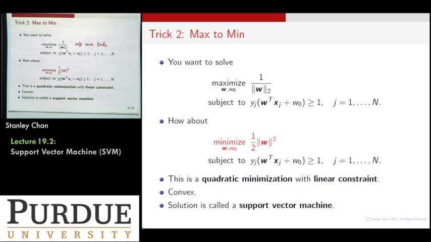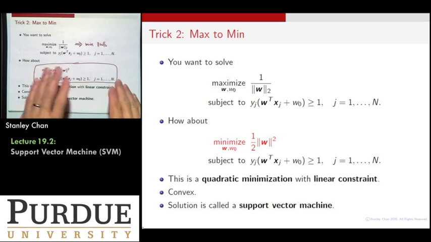This problem is called the support vector machine problem that you will normally find on the internet or some textbook. Okay, it is in this form. They will call this the support vector machine problem. This is a quadratic minimization problem because you have a quadratic objective function. You have a set of linear constraints in the inequality form.